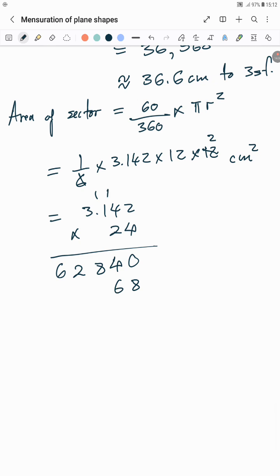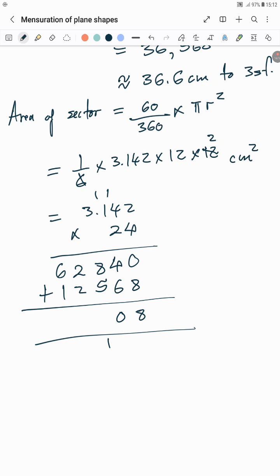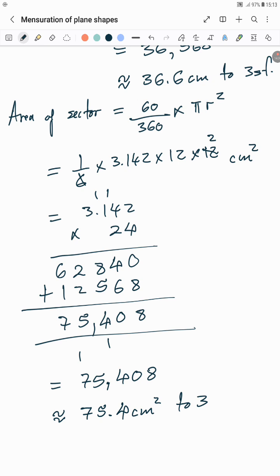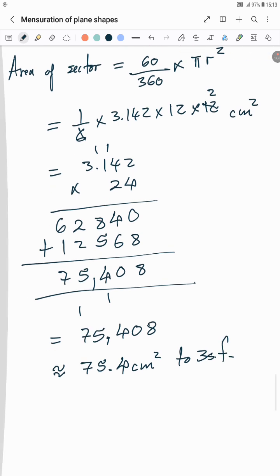And you say 4 plus 1, that's 5, and 3 times 4, that's 12, and you add, and then you're going to get your answer as 75.408, which is approximately equal to 75.4 square centimeters to 3 significant figures.